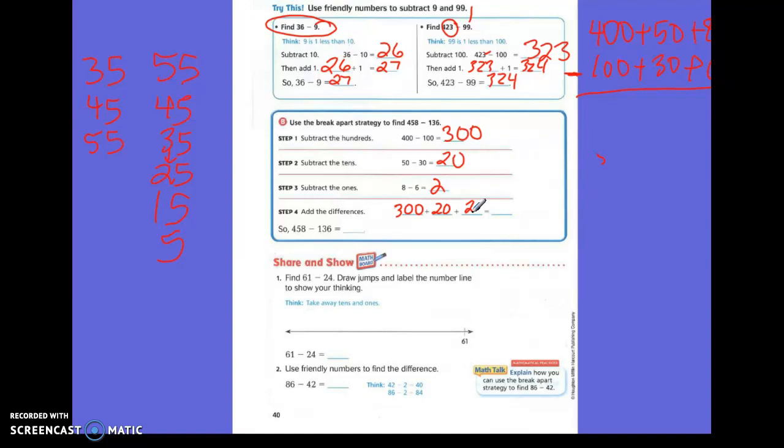What's 300 plus 20? Everyone, what's 300 plus 20? Okay, now I only asked what 300 plus 20 was.